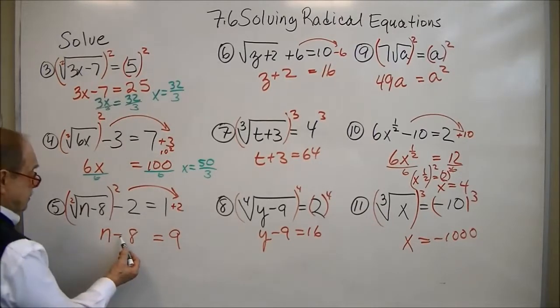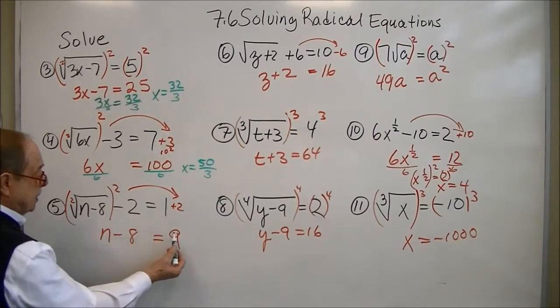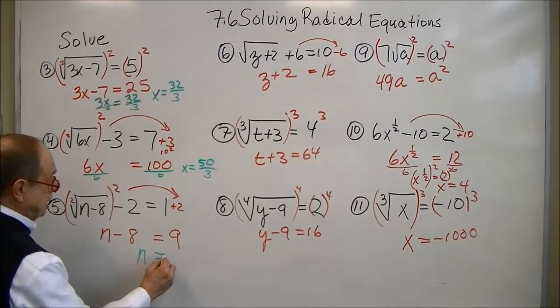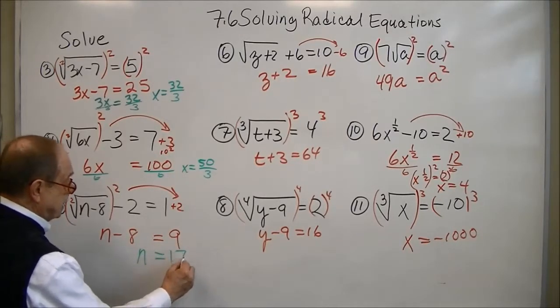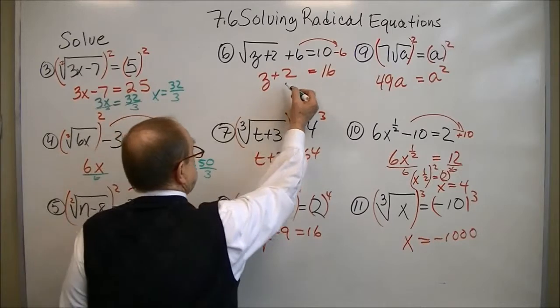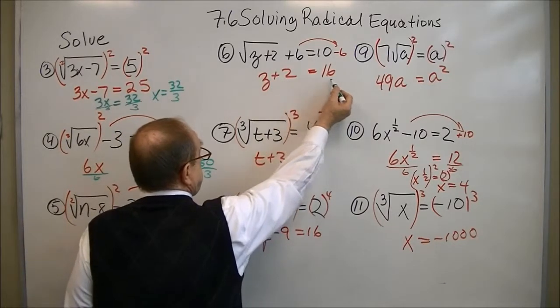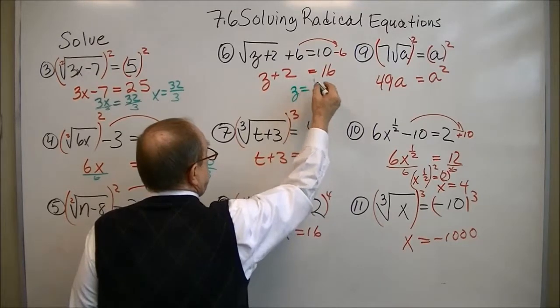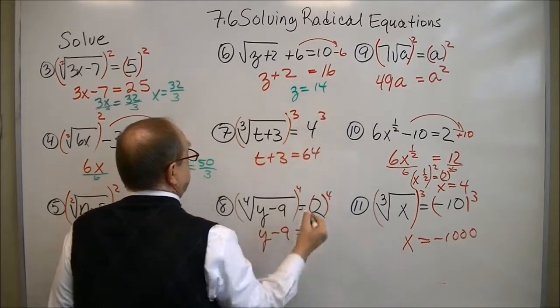Here we're going to add 8 to both sides, so we get n equals 17. Here we're going to subtract 2 from both sides, and we get z equals 14.